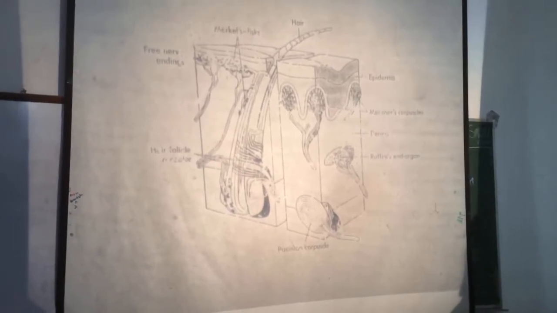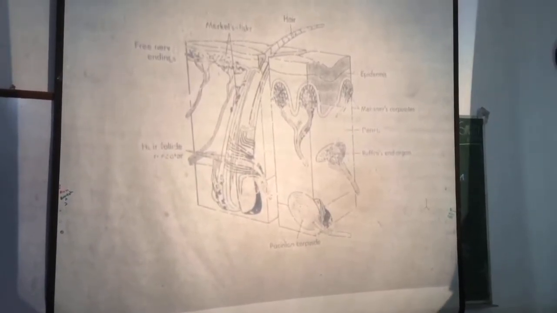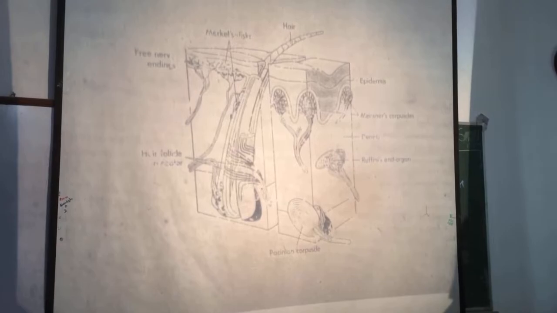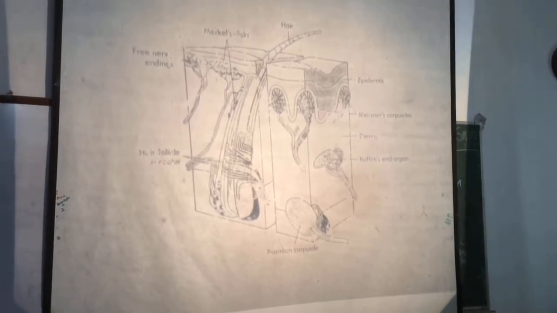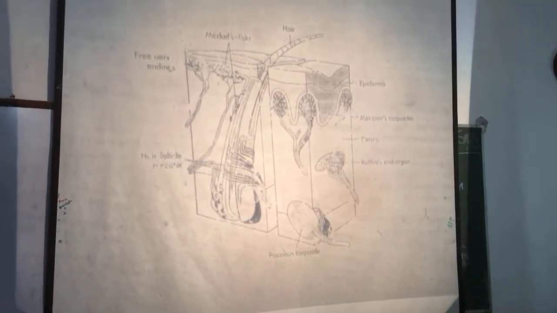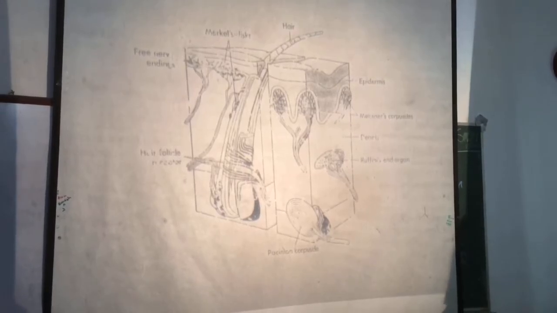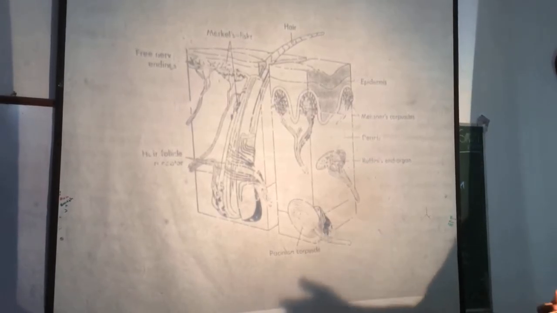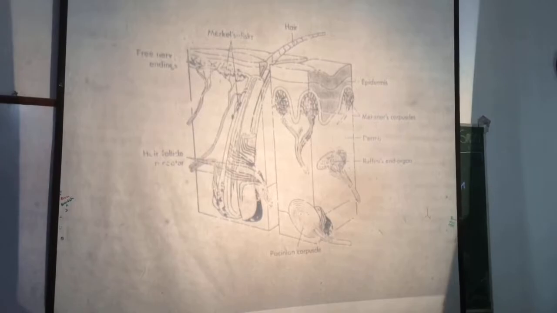Receptors generate impulses which provide information to the central nervous system about changes in the internal and external environment. These are actually transducers which convert various forms of energy into electrical energy, that is action potential or nerve impulse.